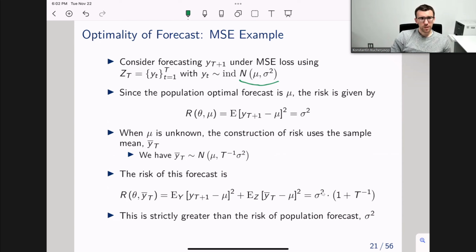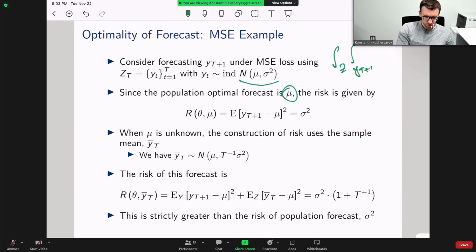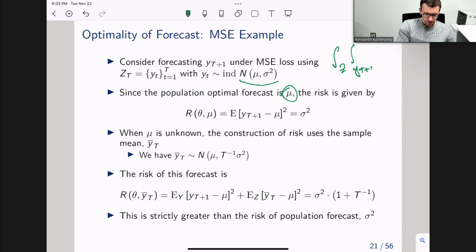Then if we are considering quadratic loss, our population optimal forecast, we know it's the mean, so it would be mu. And then the risk is just the expectation over z, expectation over y. Here we should write y_{T+1}. That's what it meant.